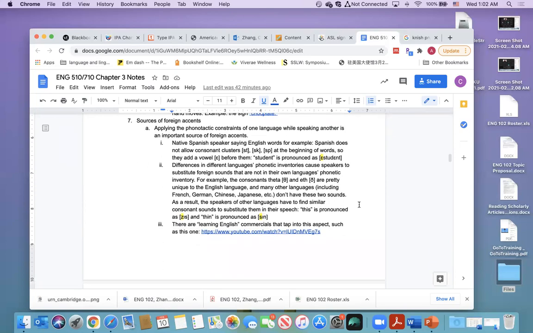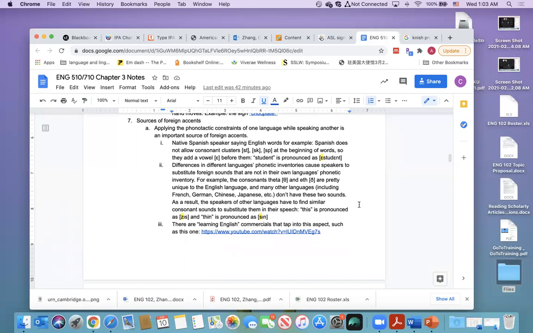Then the concept of foreign accents. Where do foreign accents come from? It usually is because of the phonotactic constraints of one language while speaking another.